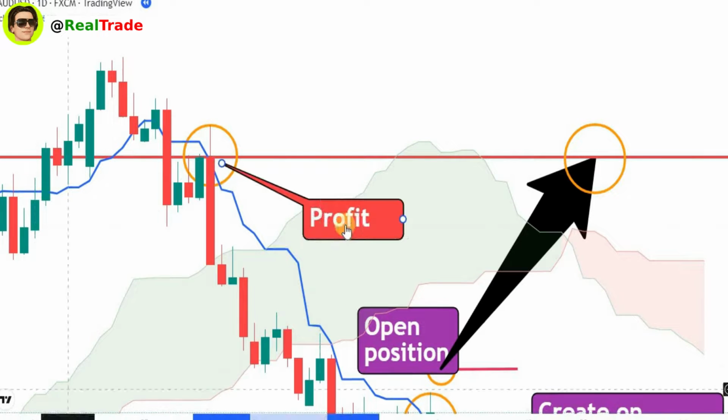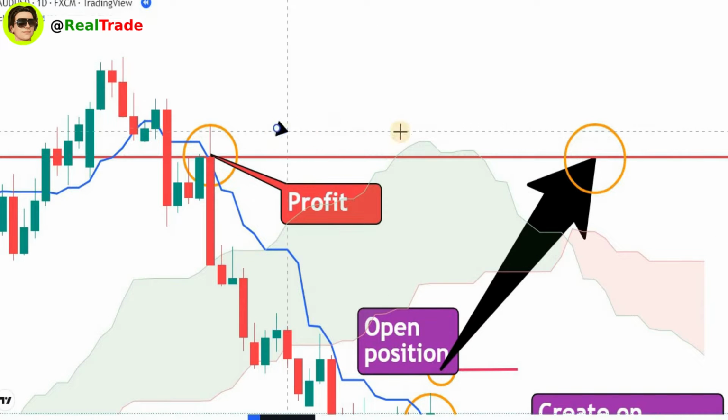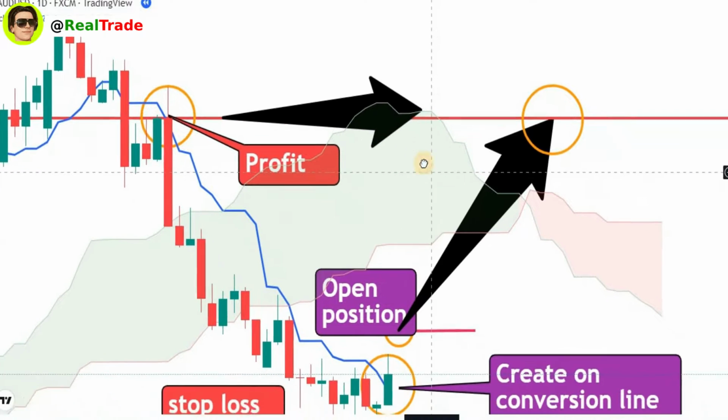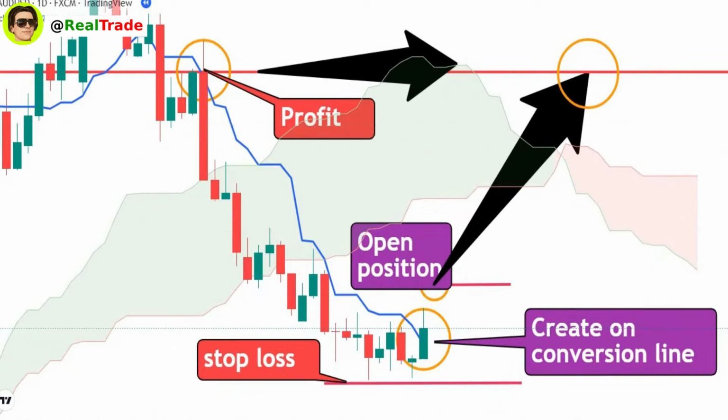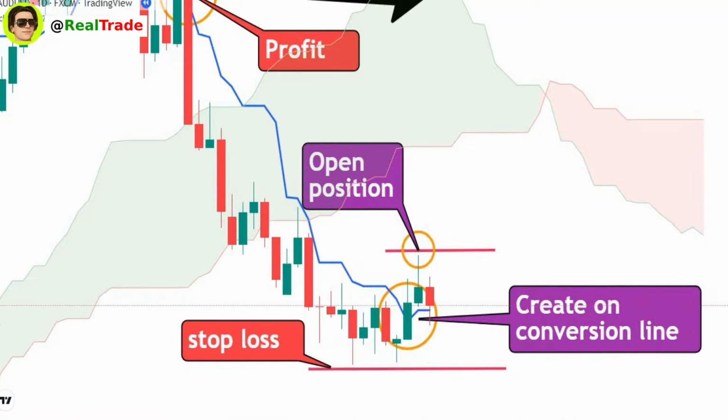Profit, this area. And continue. Focus on the chart. Please focus on the chart. Yes. Continue.